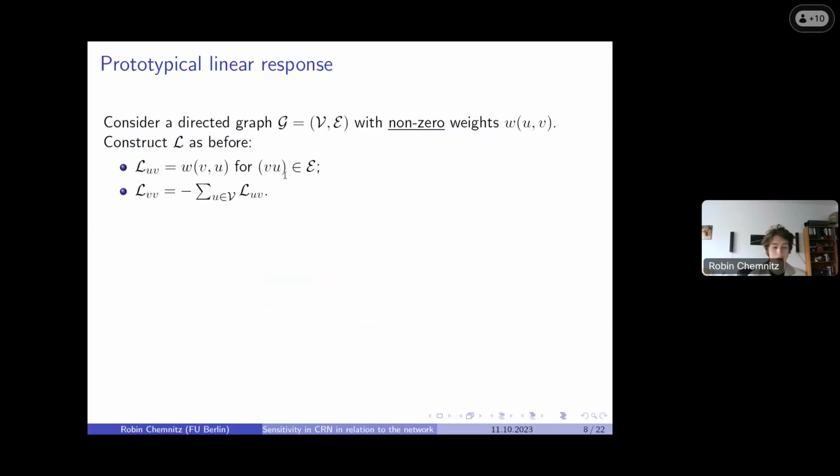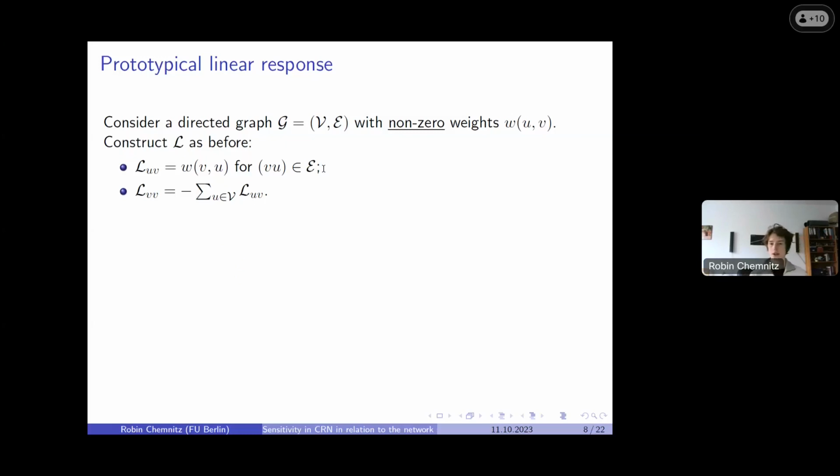For any of our edges, every other non-diagonal entry will be 0, and the diagonal entries will just be the entire outflow. So we sum over the column and subtract all the entries. So this matrix will have columns summing to 0, and we have this first bullet point here so that the sparsity structure of the matrix exactly corresponds to the graph structure.